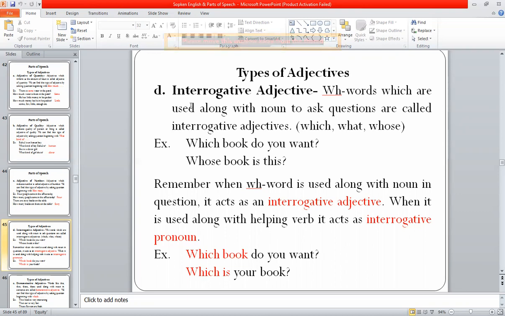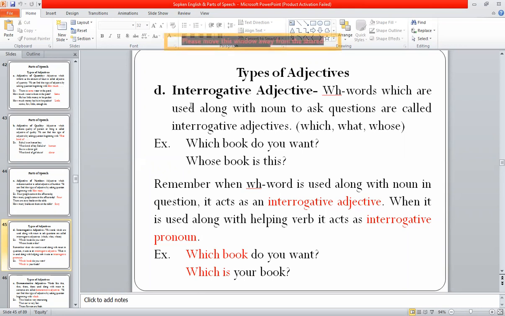These are called interrogative adjectives. Interrogative adjectives are WH words used along with a noun to ask questions.